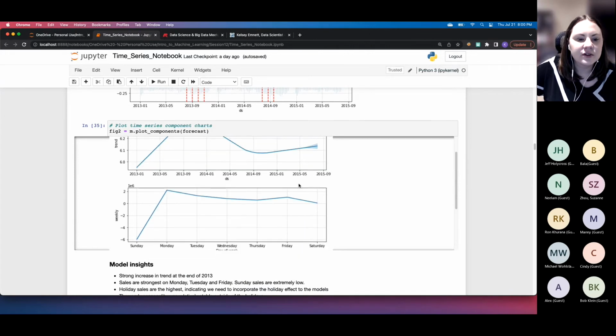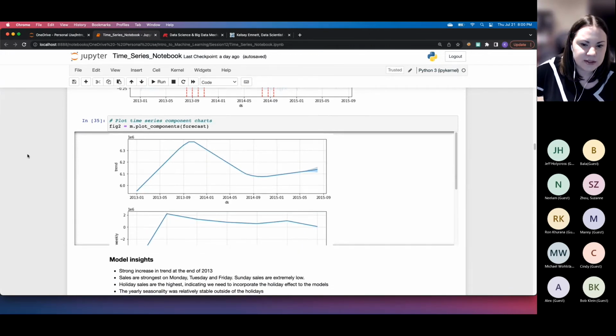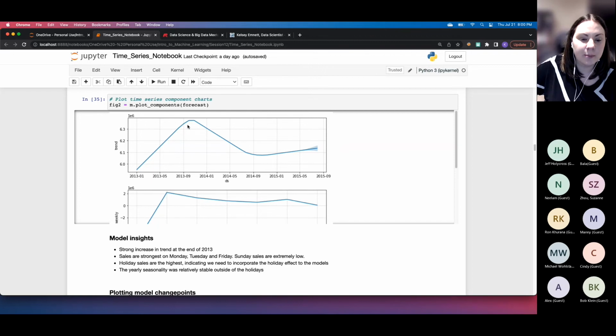And you'll see here our plot components. In general, it pulled out the trend that looks like this. So there was an increase, a decrease. This would be the change that is not accounted for by seasonality or random error.